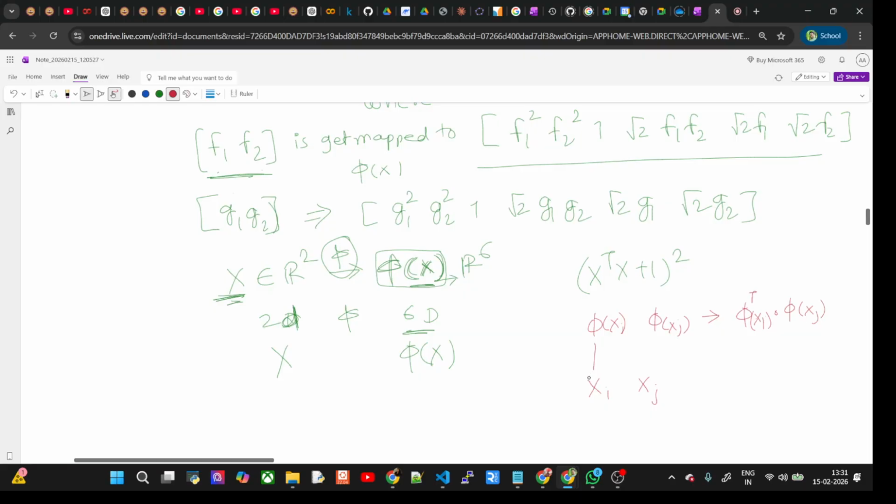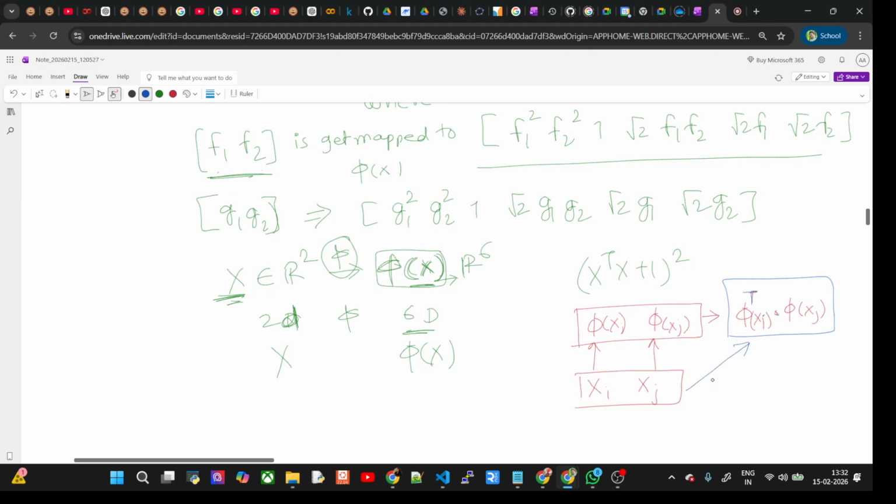That is what we thought the process was. But the problem is, this calculation of phi of xi and phi of xj is dangerous. We can't do these operations here. So we decided, can we get another route to directly calculate phi of xi transpose phi of xj? Yes, there is a route.